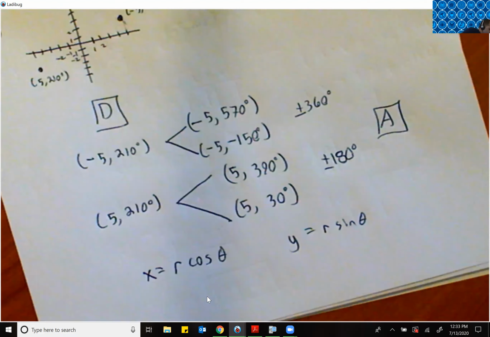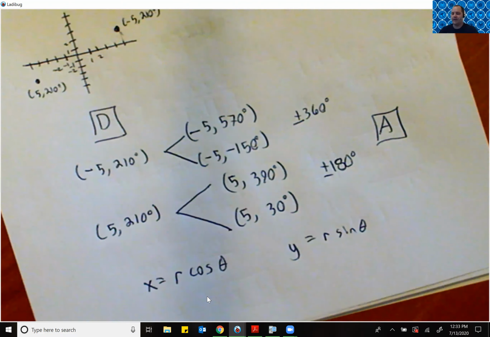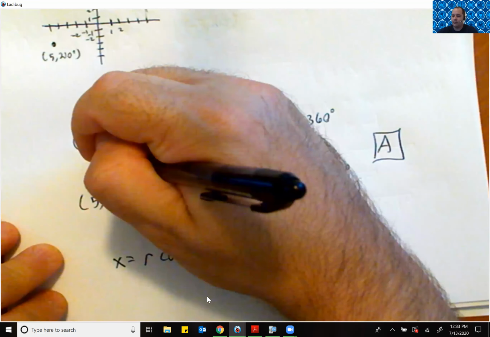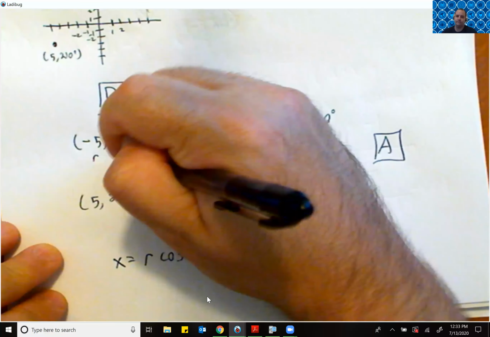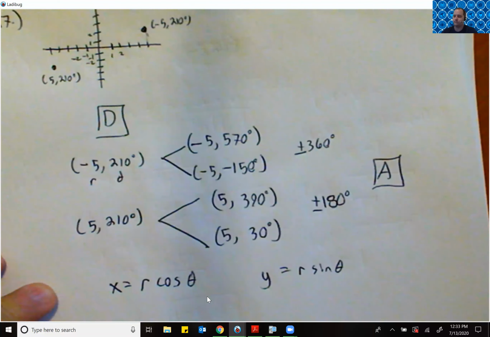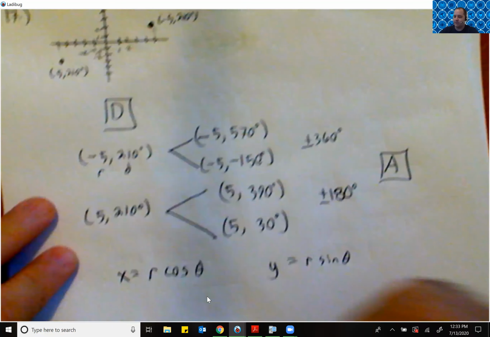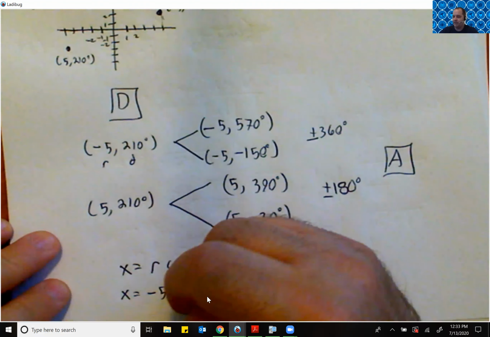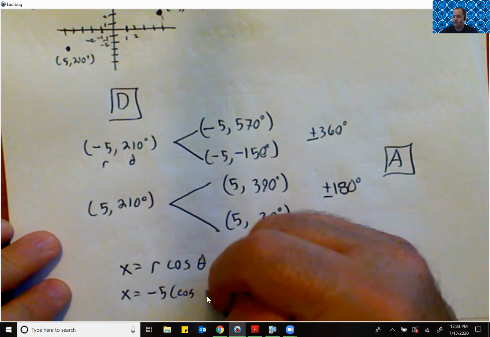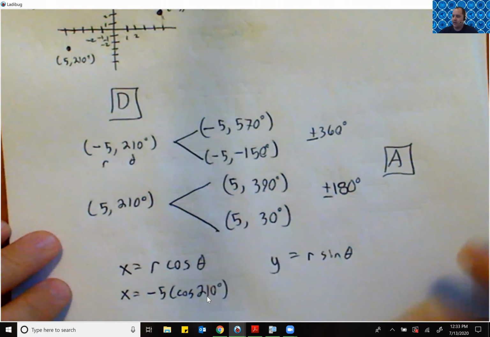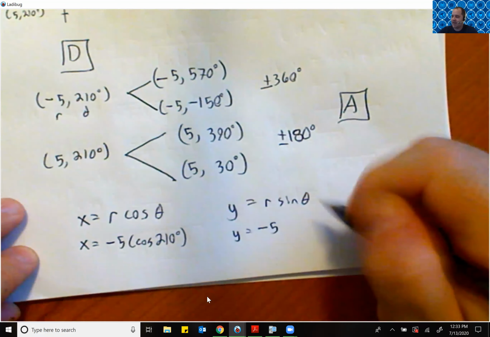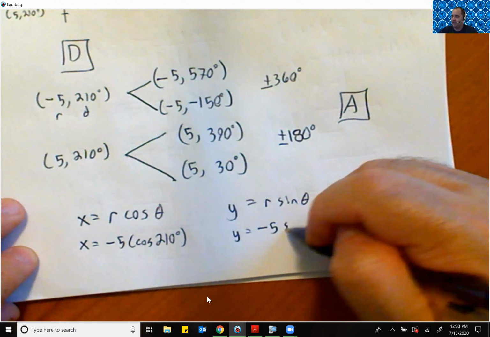So it's just a plug and chug, because in polar coordinates, this is your R, this is your theta. So X is equal to negative 5 times cosine 210 degrees, and Y is equal to negative 5 times sine 210 degrees.